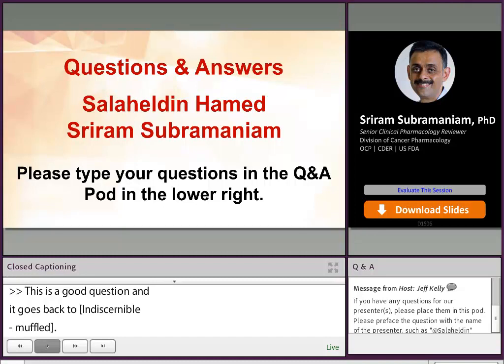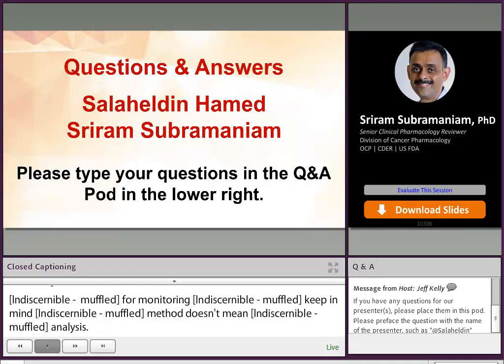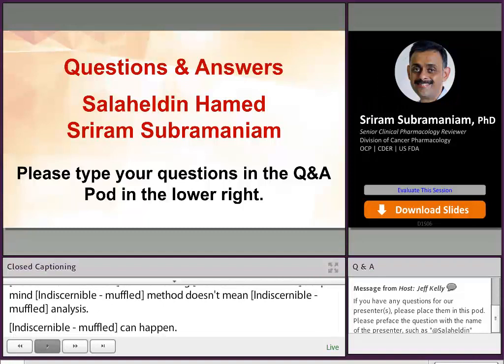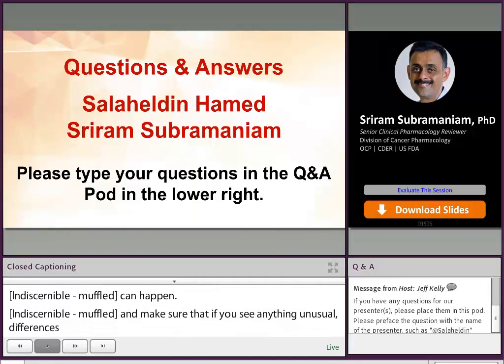So one needs to be cognizant of the fact and make sure whether you're seeing anything unusual, whether there are any differences in concentration that you have observed now versus earlier in other studies. And based on the totality of the data, one needs to make a decision whether the assay is performing as it's supposed to perform, it's doing what it's supposed to do, and take it from there.